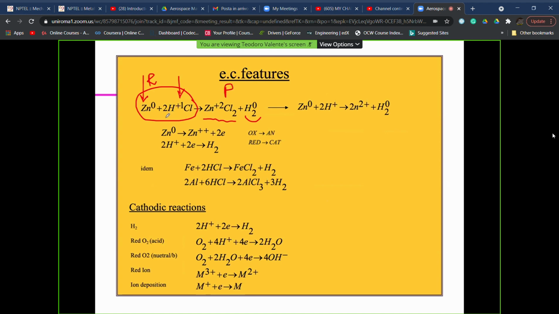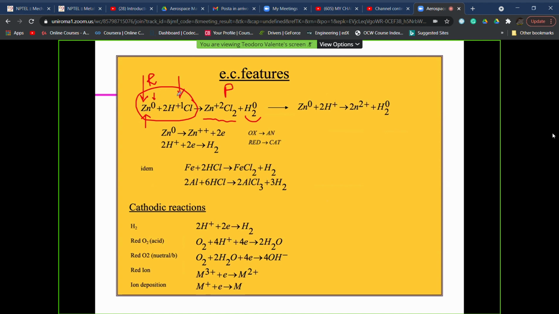If we put our attention on the zinc, we start, at the initial state, before the corrosion is going to happen, with a metal phase. This metal phase, zinc, let's think of pure zinc, has an oxidation number equal to 0.